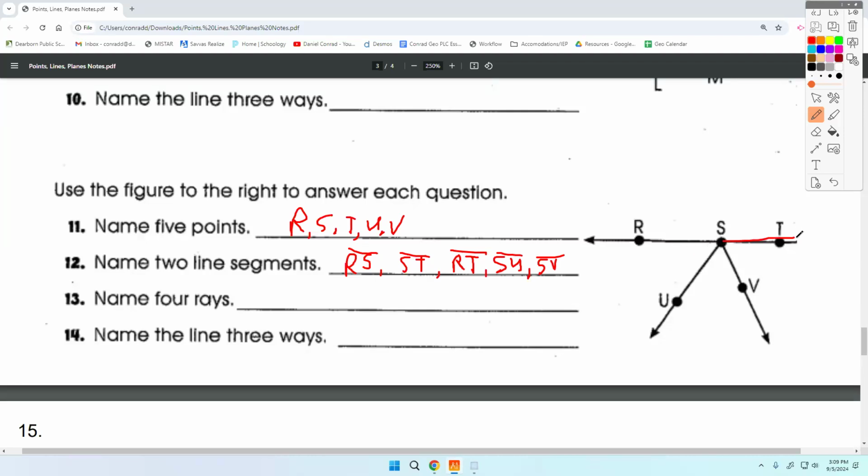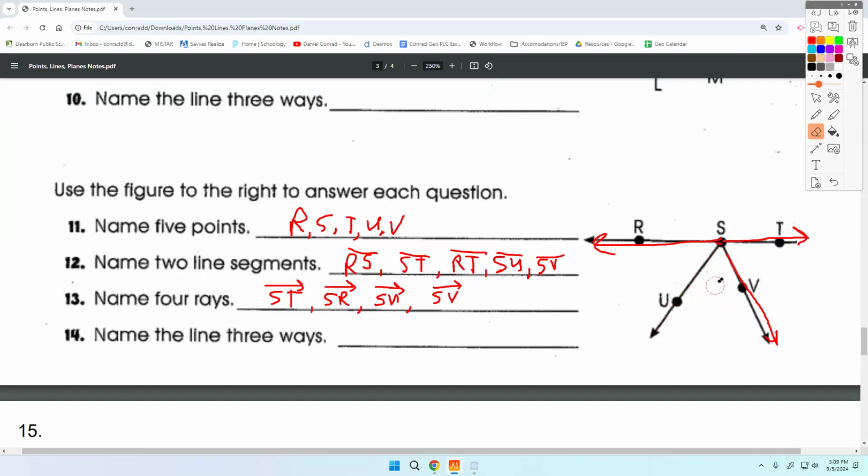Okay, the rays that we see here are ST, SR, SU, and SV. Okay, and then 3 ways to name the line.